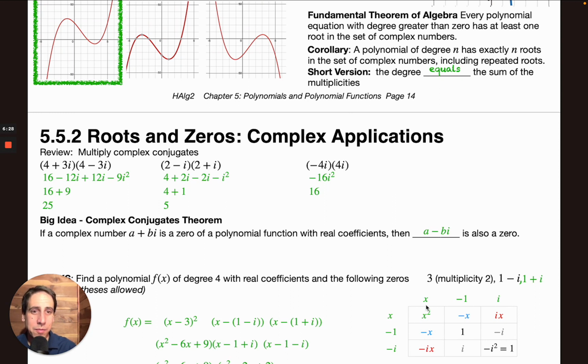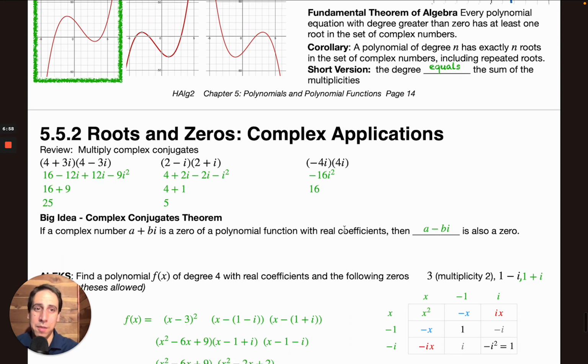And then negative i times x is negative ix. Negative i times negative 1 is positive i. And then negative i times positive i is negative i squared, which, because i squared is negative 1, the two negatives cancel out and it's positive. Notice you're going to have a whole bunch of terms that cancel. If you do this right, because these factors came from complex conjugates, a plus bi, a minus bi, at this point all the i's should drop out.